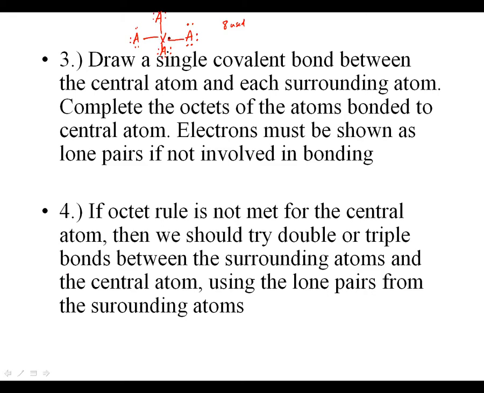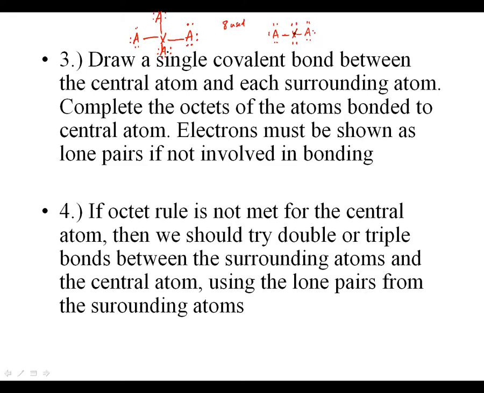If you still have more electrons, let's just say you have something like this, and you're like, I still have more electrons, then if you filled up all the outside ones with 8, you go to the center and also put them on as dots or pairs of dots on the center atom. So once you've used up all your electrons, you filled up the outside atoms first until they have 8, then you went to the center and filled it up. The next thing that you want to do is make sure that everybody meets the octet rule.